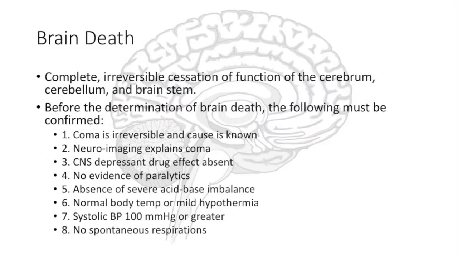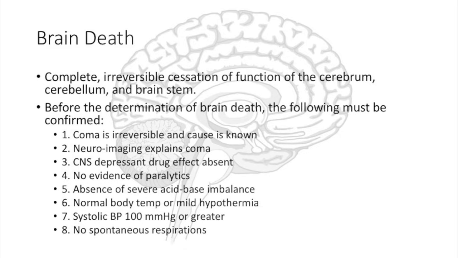CCRN also covers brain death, and this is the complete irreversible cessation of function of the cerebellum, cerebrum, and the brain stem. The patient is in a coma that is irreversible, and you know why the coma is happening, the neuroimaging explains the coma, you've removed all CNS depressant drugs, and there's no evidence of using paralytics.